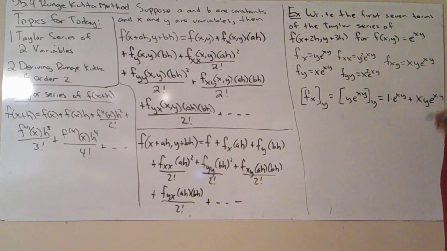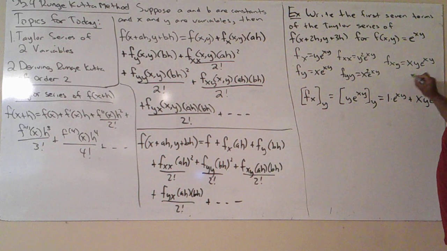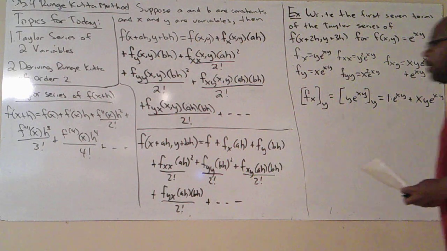So I did that wrong. This should be e to the xy plus xy e to the xy. So we're going to have xy plus 1 times e to the xy. I believe that is correct. I did that right. All right.